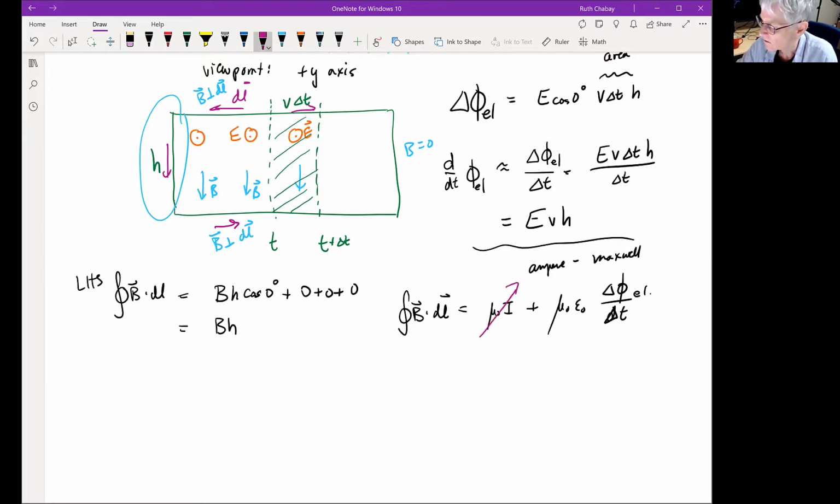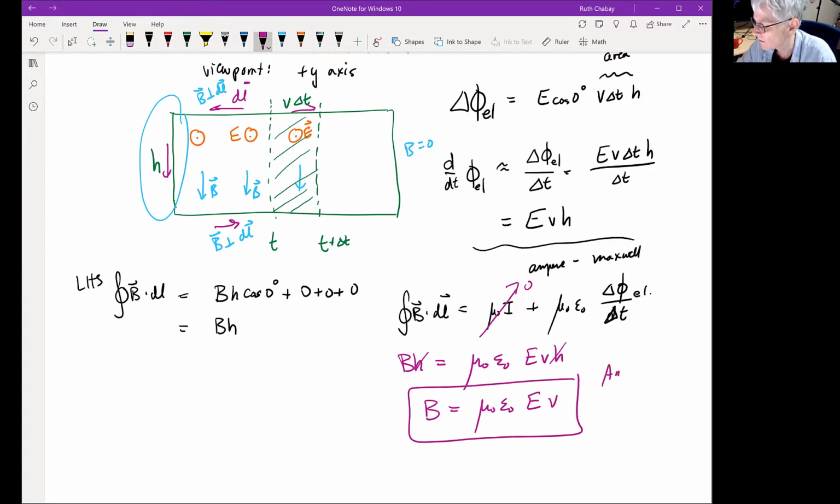So what we end up with is BH equals mu 0 epsilon 0 times E v H, or dropping out the H's, B equals mu 0 epsilon 0 E v.